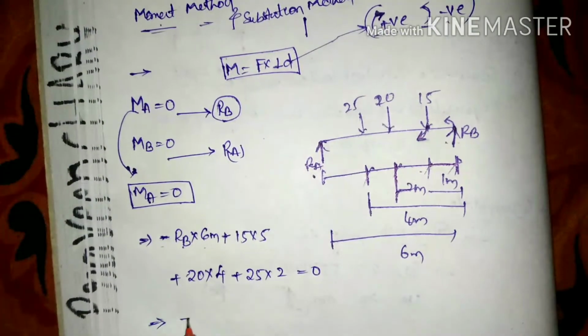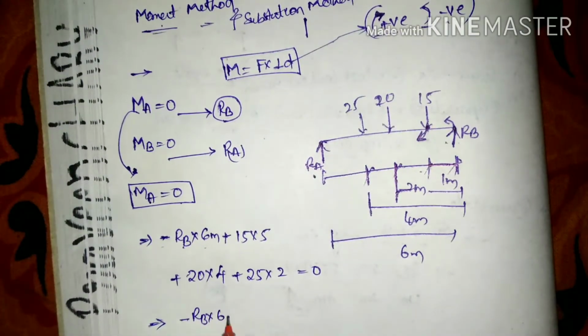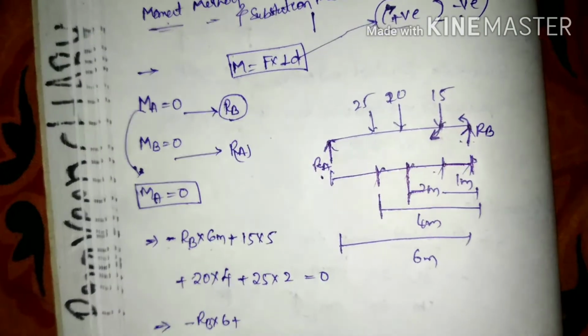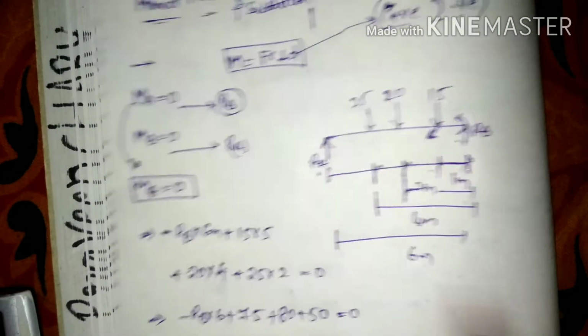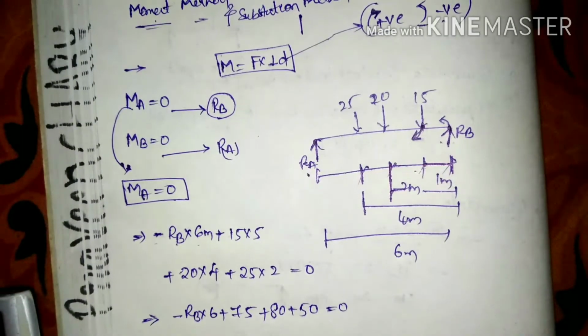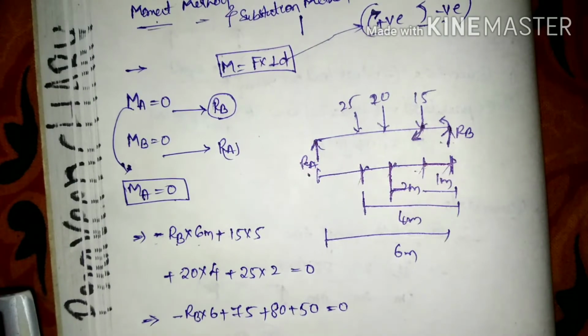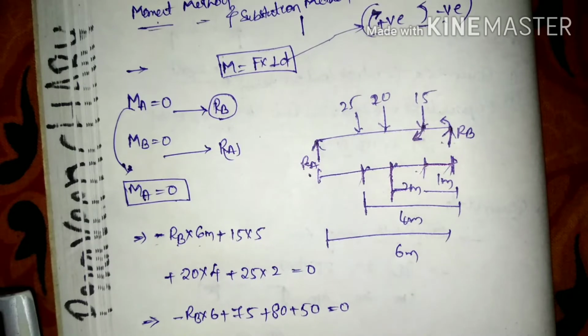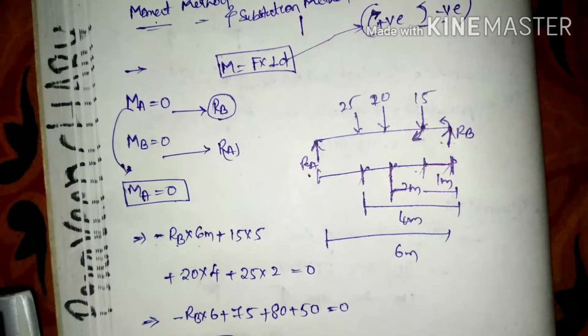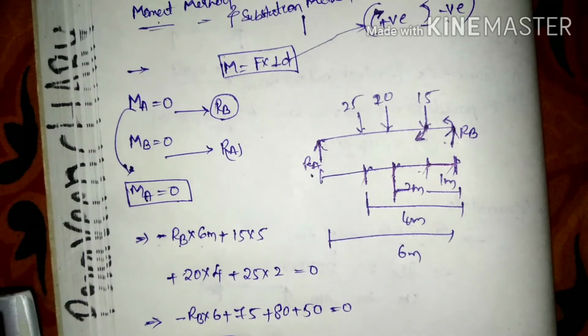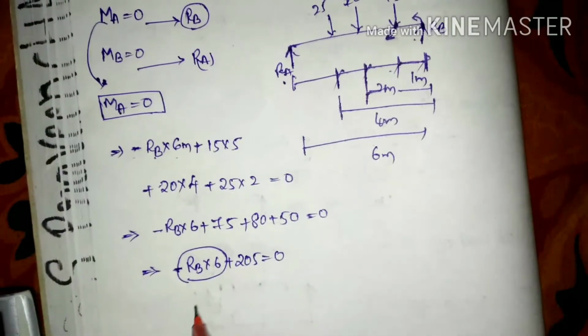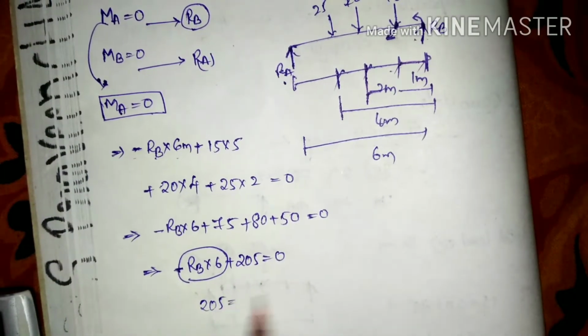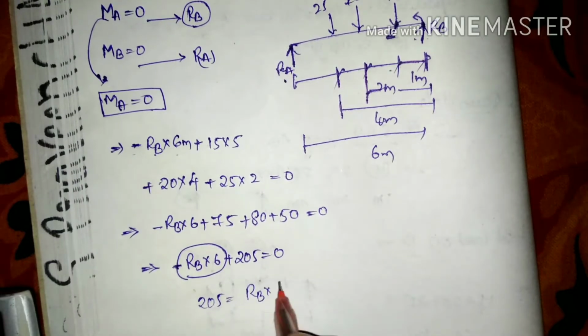After the simplification, minus RB into 6 plus 205 is equal to 0. I am sending this to the other side, so negative becomes positive: 205 is equal to RB into 6.